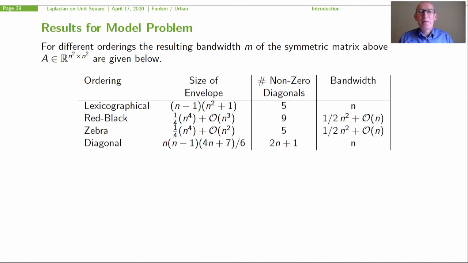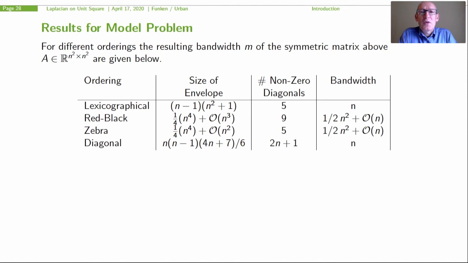On the other hand, the bandwidth is not optimal. It depends on n: for the lexicographical or the diagonal ordering it is n, and for all the others, like the red-black or zebra, you have n squared. So the bandwidth grows and is far away from optimal.